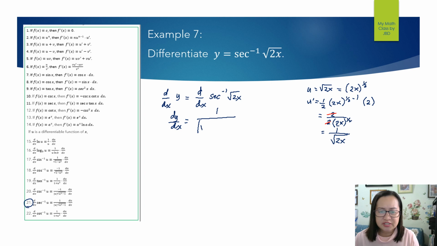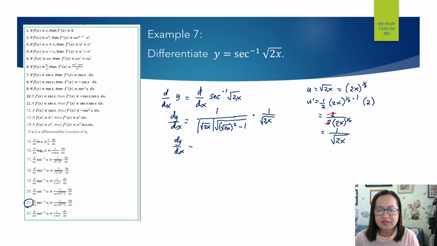So that means the absolute value of 2x, and then the square root of u squared minus 1, so that would be the square root of 2x raised to 2 minus 1, times du/dx. That means we have to multiply this by 1 over the square root of 2x.